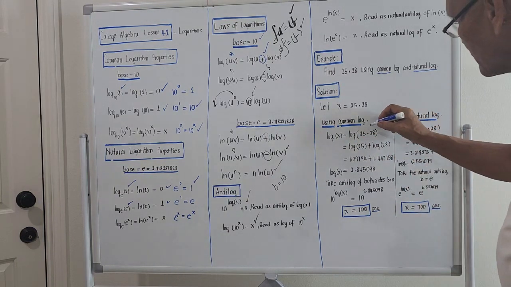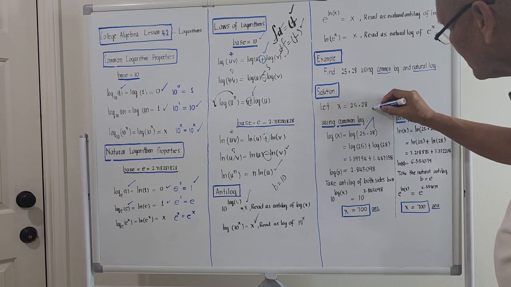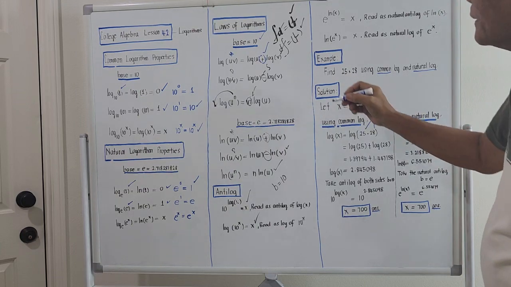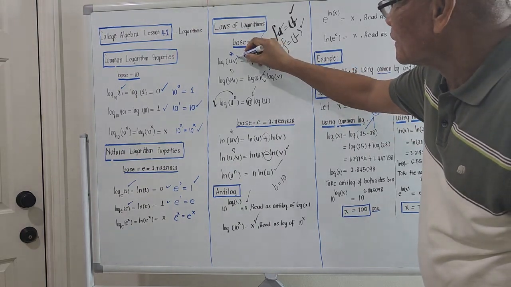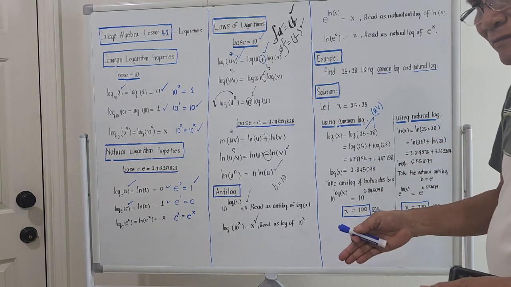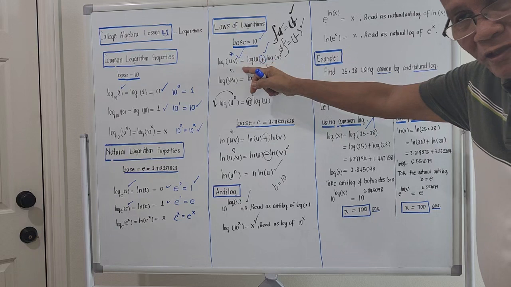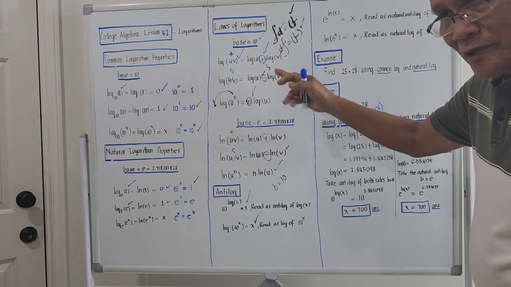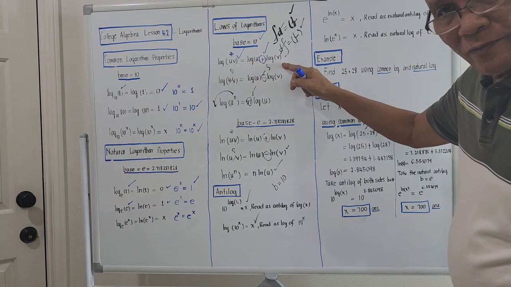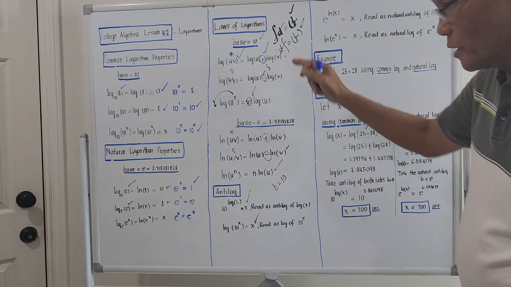And this product here is under the form of the product uv. So for the logarithm of a product, we must use this law of logarithms. If we expand the logarithm of a product, it should be the logarithm of a sum. It should be the logarithm of the first one plus the logarithm of the second one.